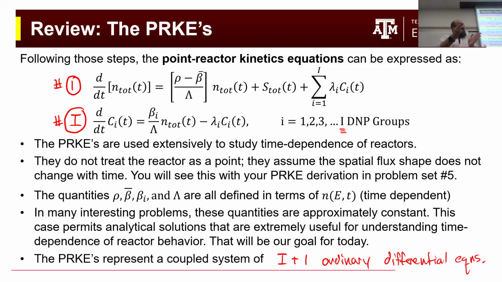Over longer time scales, we can make some corrections to the point kinetics equations to make them more accurate. And for the longest time scales, we can't really use the point kinetics equations, and we have to have other sets of equations that will help us do things more accurately. So yeah, it's a good question, and I think hopefully as we get a little bit into the lecture, it'll make more sense.